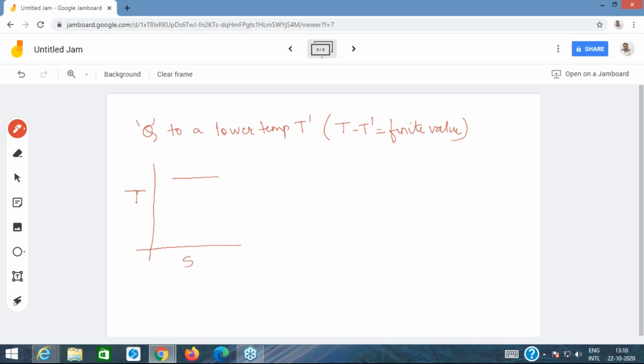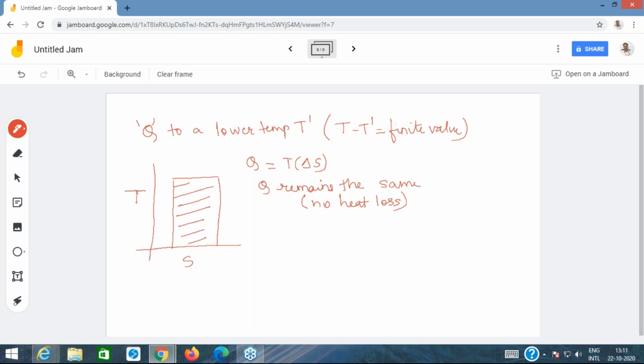This representation in red gives you, because the significance of the temperature entropy diagram is that it gives you the heat transfer, Q equal to T into delta S. Now your Q remains the same, because there is no heat loss.